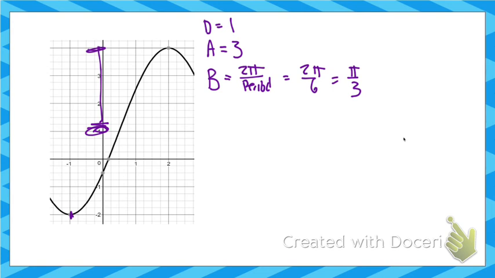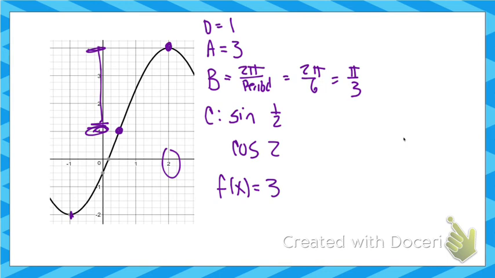Our c value, our phase shift. Again, it depends if it's sine or cosine. If it's sine, middle before the graph moves up. That would be this point right here, which is at 1/2. If it's cosine, we're looking for a high point, which is at 2.